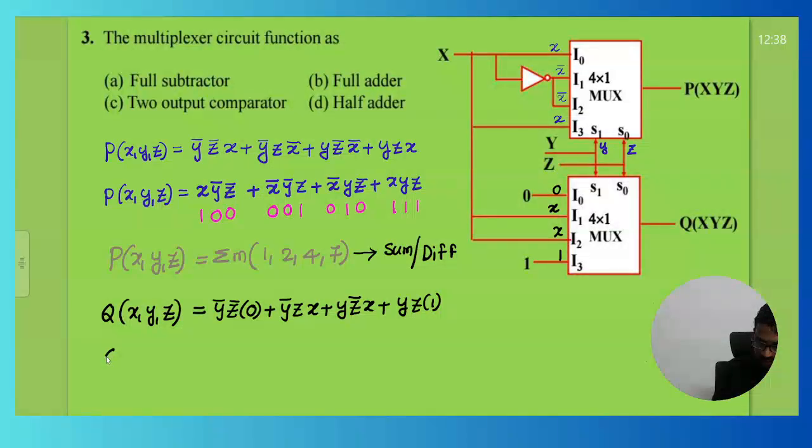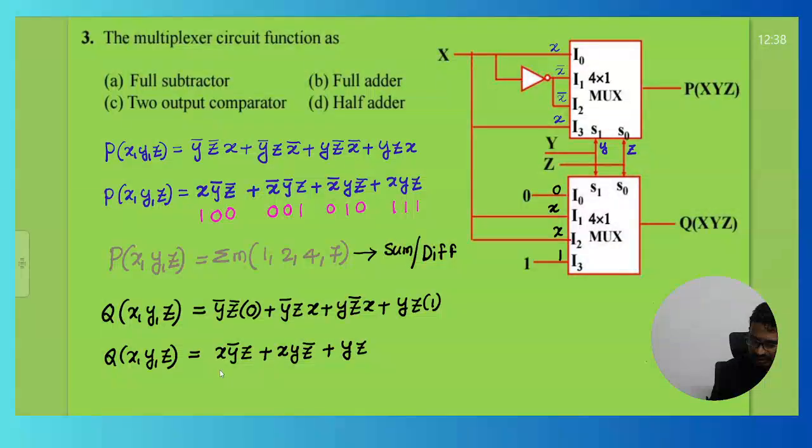So now this expression (X, Y, Z) is equal to, this is 0. Next one is X Y bar Z plus X Y Z bar, and this is what? Tell me, Y Z. You can tell me now, the minterms are here.